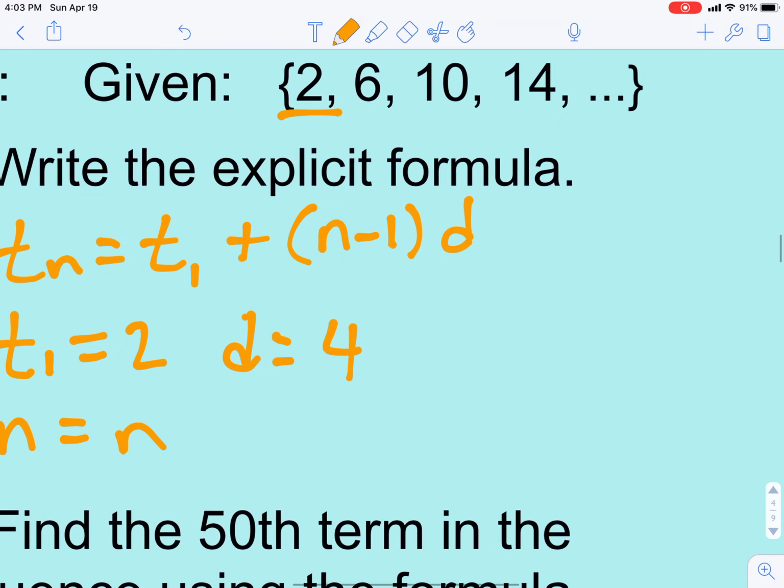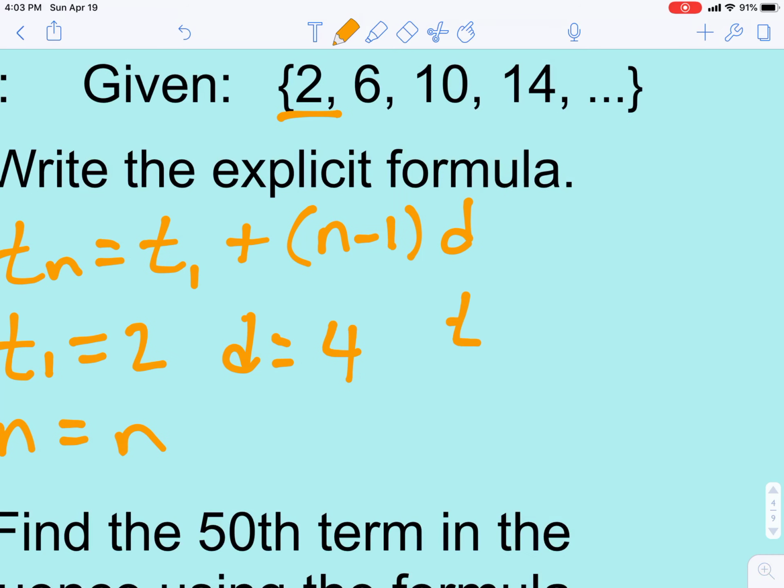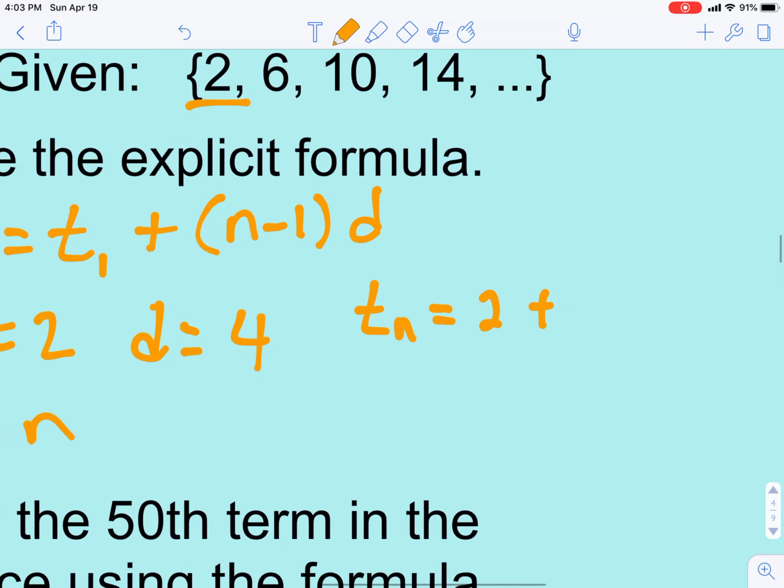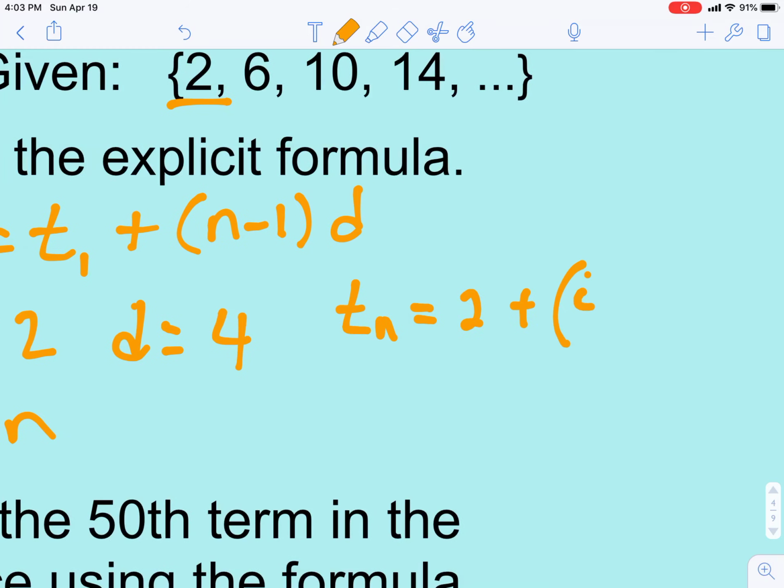So we're going to build our equation. We're going to say t of n, which is the same thing as y, is equal to the first term 2 plus, and then we're going to do n minus 1, I lied, times the common difference of 4. And then all we're going to do is distribute and collect our like terms and get it into one nice equation, right?